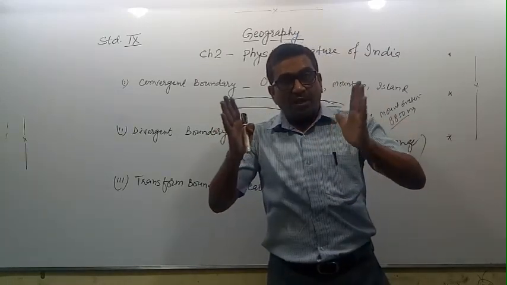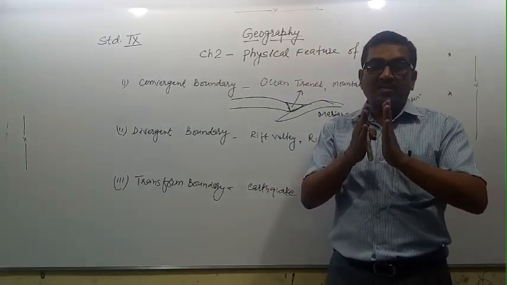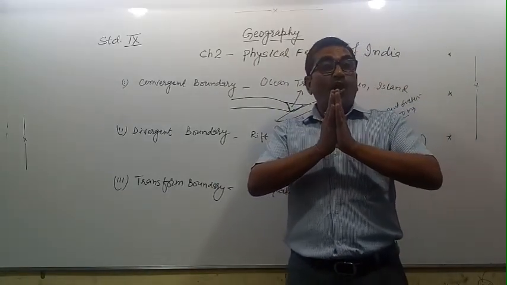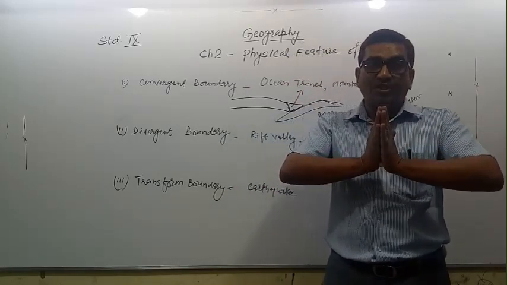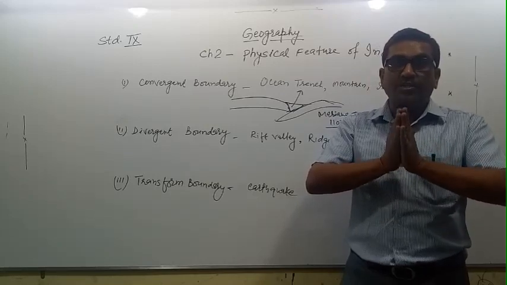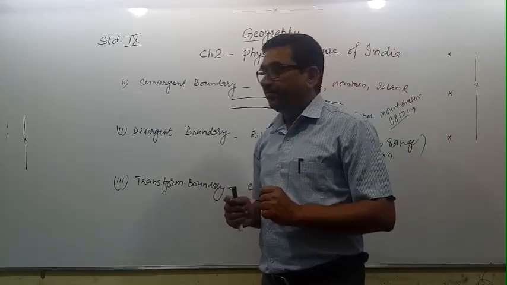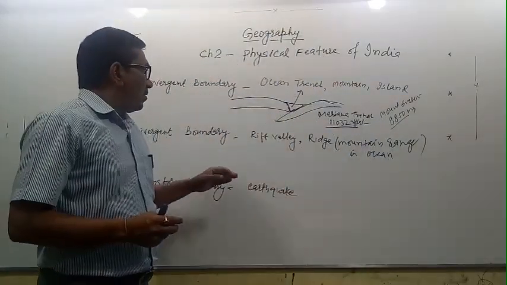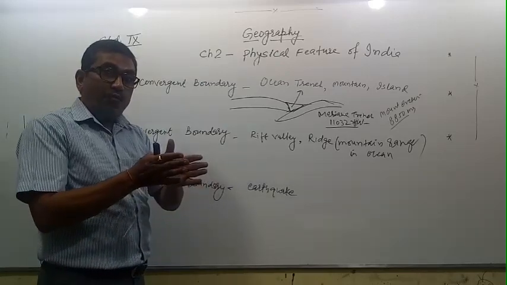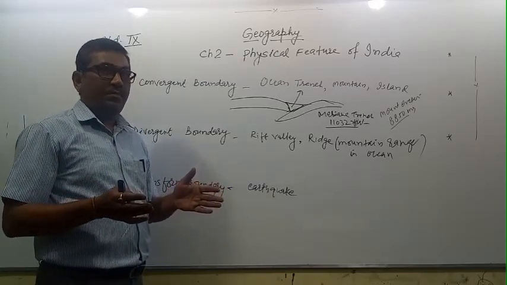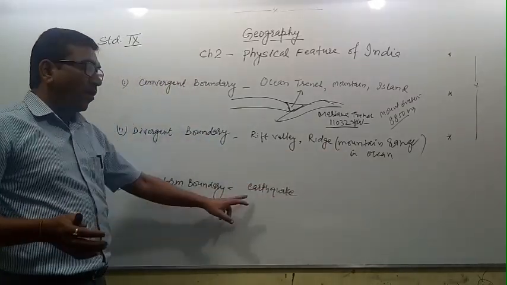So it means when the two plates meet, they press each other, it means a lot of energy is generated, and this energy is released as vibration, and when this vibration comes, we say it is an earthquake.